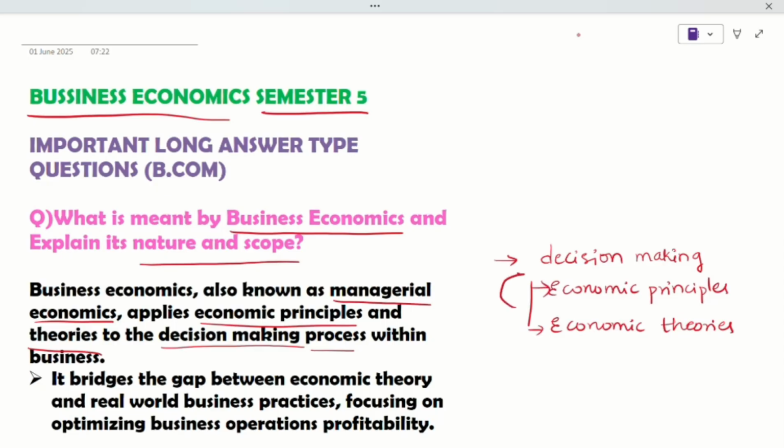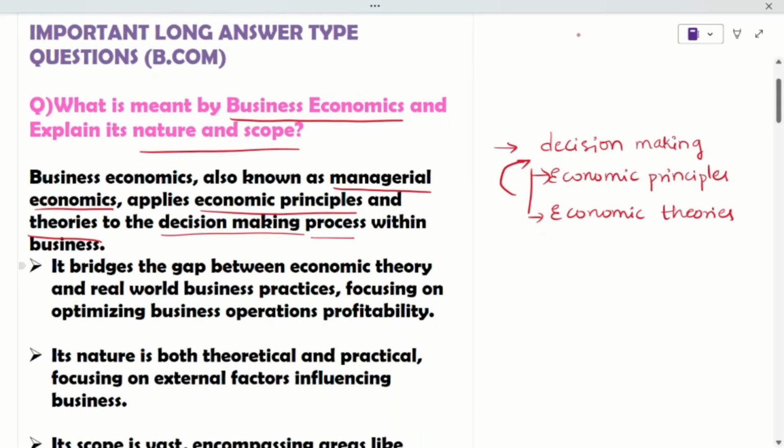It only focuses on optimizing business operations, which concludes in profit. Here its nature is both practical and theoretical, which focuses on external factors to influence the business.